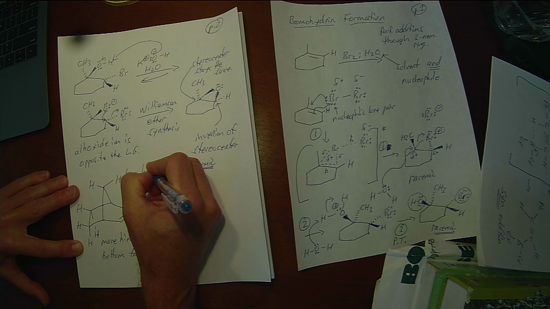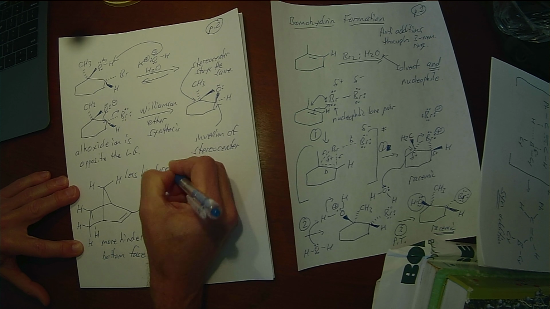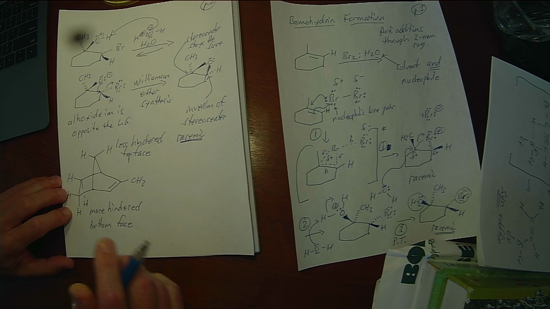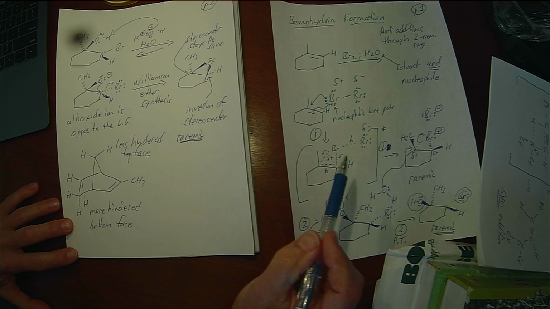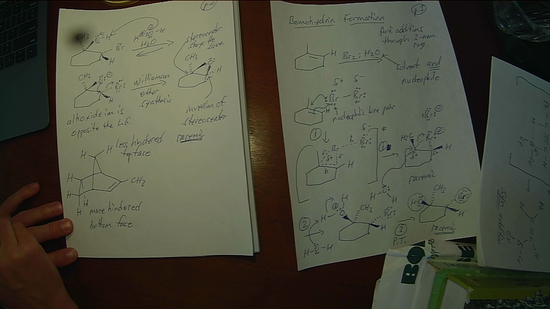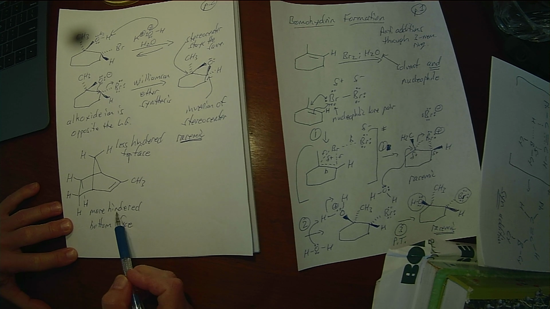You can actually get selectivity. So it's stereospecifically anti, right? Because the three-membered ring requires the nucleophile to come from the opposite side as the attack on the electrophile. But it can also be stereoselective for the less hindered face.